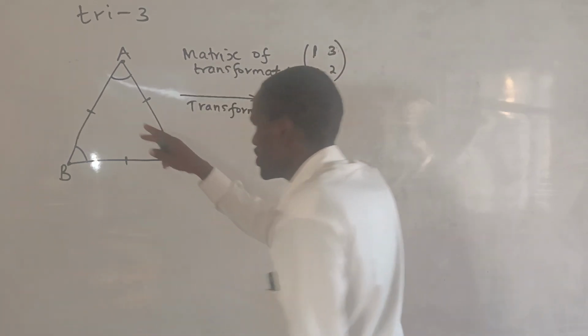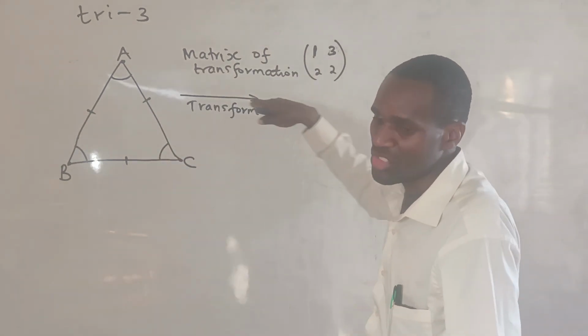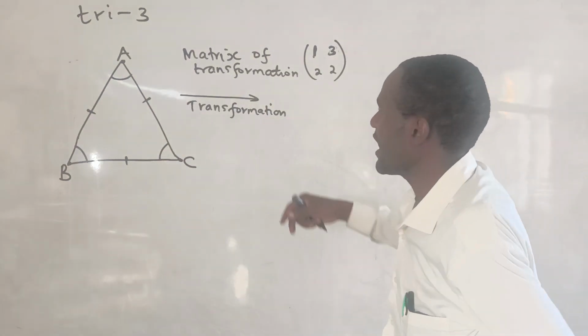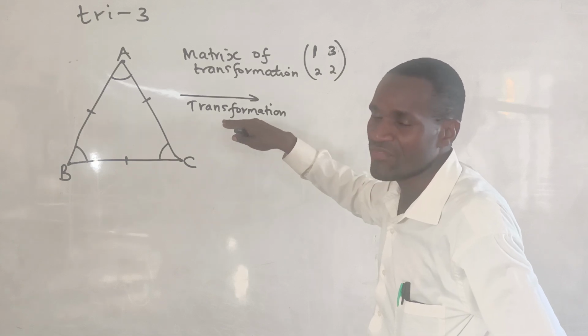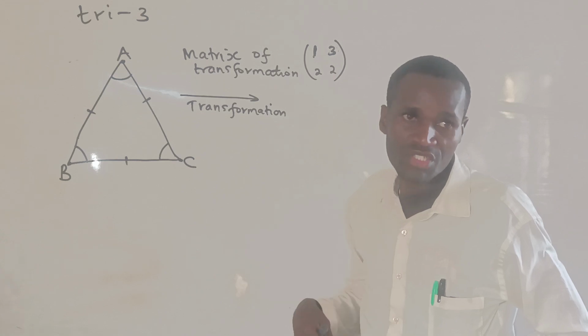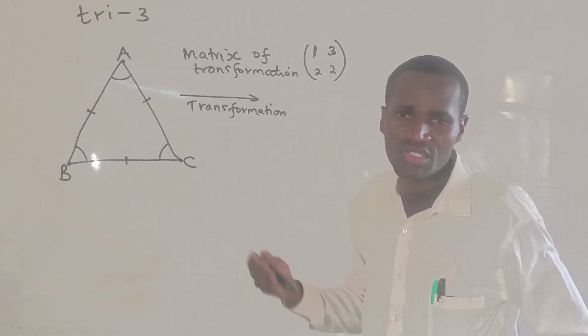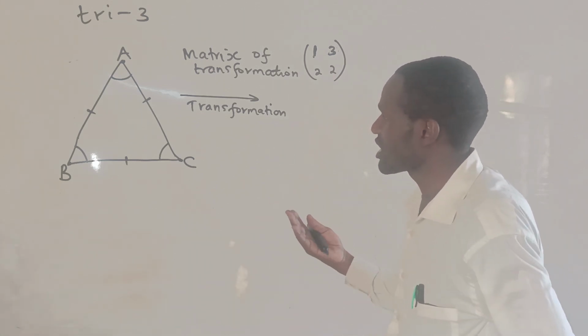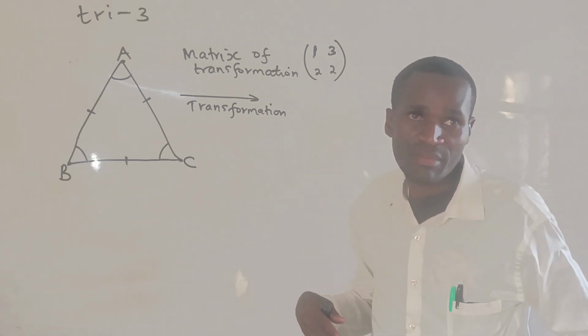This triangle has undergone a transformation, and that transformation can be a rotation, a reflection, an enlargement, a shear, a stretch, a translation, or any other transformation discussed in mathematics.